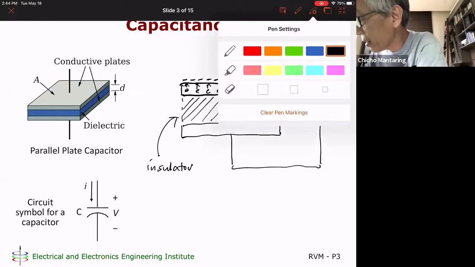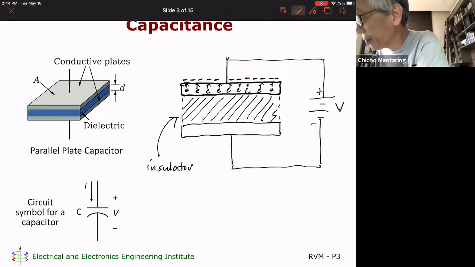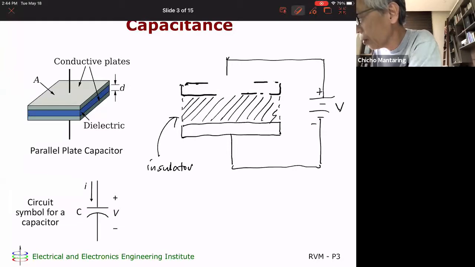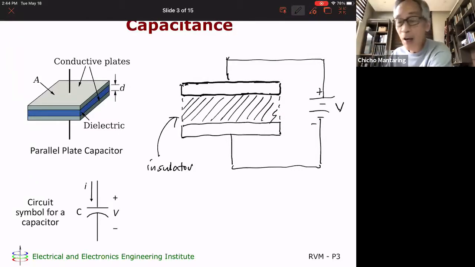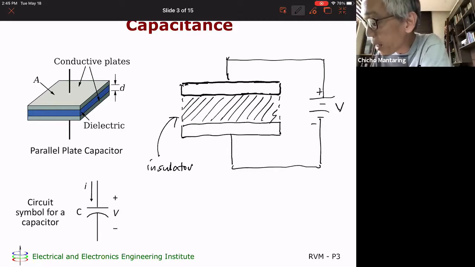Baliktad, no? Erase, no? Okay, what happens? Electrons are pushed up.